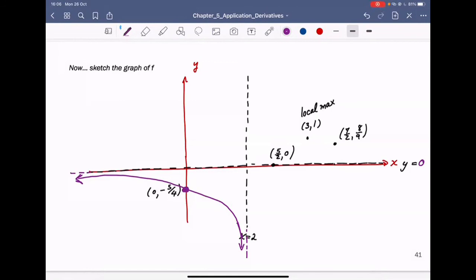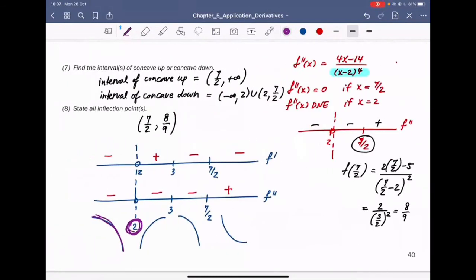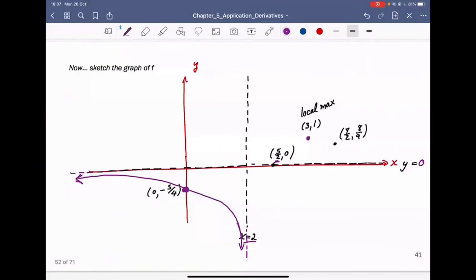All right, next we're going to look at the behavior from x equal to 2 to x equal to 3, right? We say that when x goes from 2 to 3, we have increasing but concave down. Beautiful.